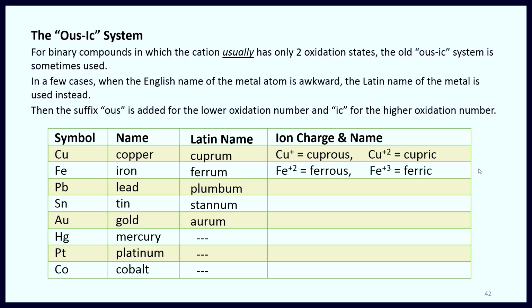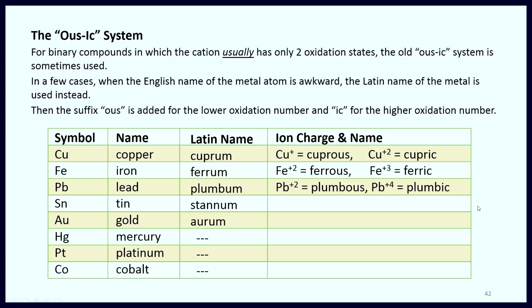Iron(II) is named ferrous, and iron(III) is named ferric. Lead has the Latin name plumbum, which comes from, I suppose, in English, plumbers used to use lead piping for drain, waste, and vent pipes. In any case, lead has 2 oxidation states, lead(II) and lead(IV). The lower one is named plumbous, and the higher one plumbic.